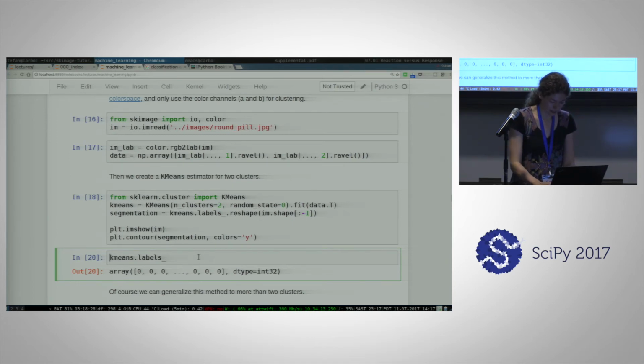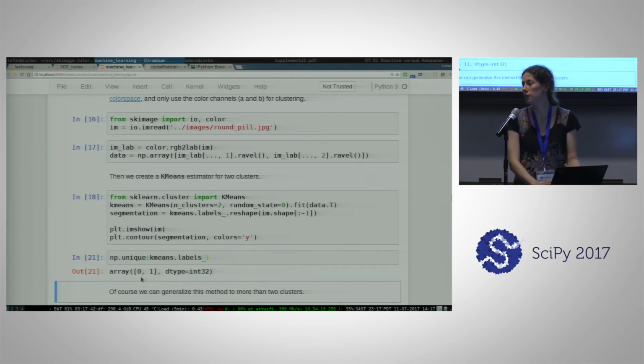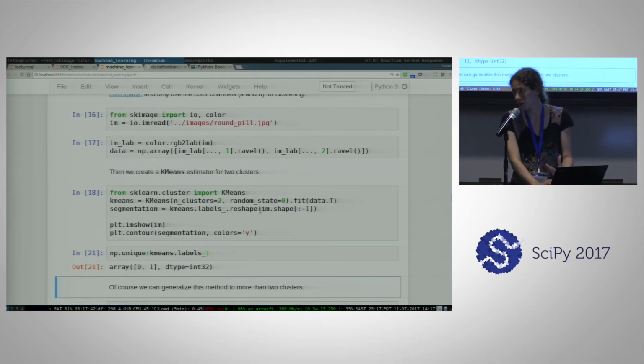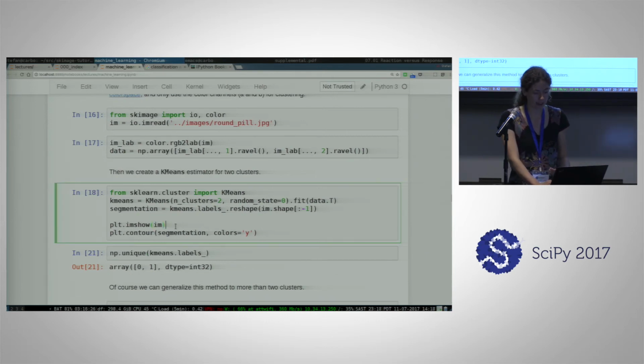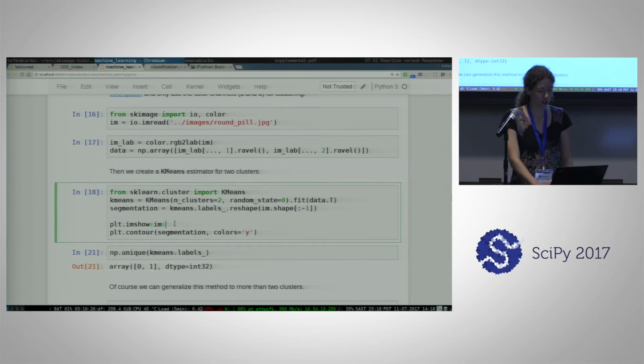It has 2 values corresponding to the 2 labels. And then I just have to reshape the flat array into the same shape as my original image so that I can visualize it.